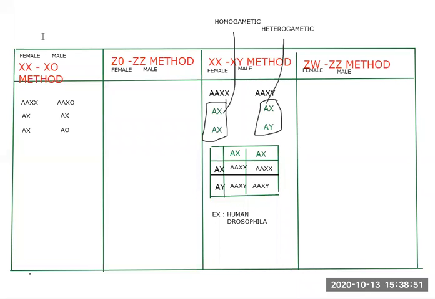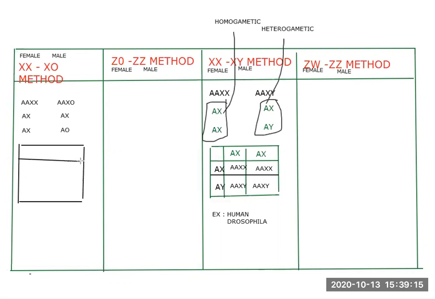You need to understand that all the organisms in the world do not have the same kind of determination. They have their unique ways of determination. I'm making a box for you for the XX, XY method and the XX, XO method, this kind of sex determination.